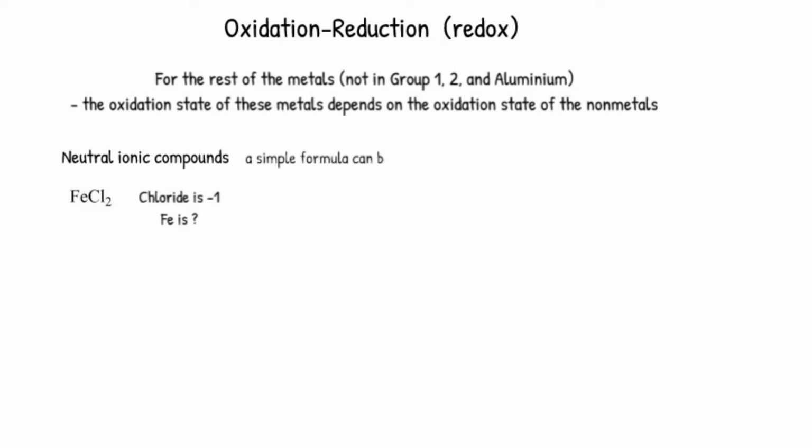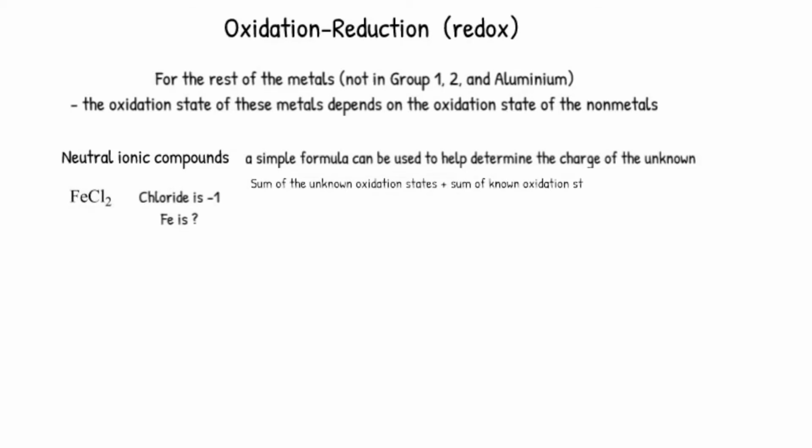A simple formula can be used to help determine the charge of the unknown. The sum of the unknown oxidation state plus the sum of the known oxidation state is equal to 0. Letting X serve as the oxidation state of iron, then X plus 2, there are 2 chlorides, times -1, the oxidation state of the chloride, is equal to 0. So X is equal to +2.